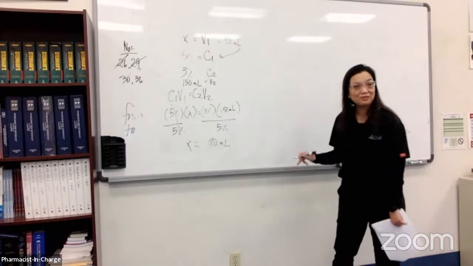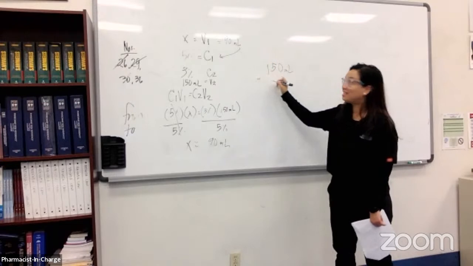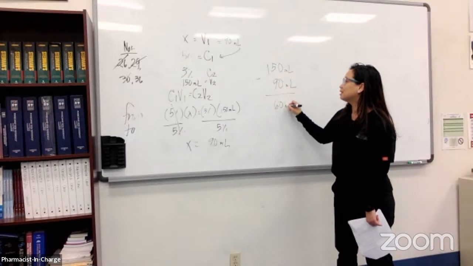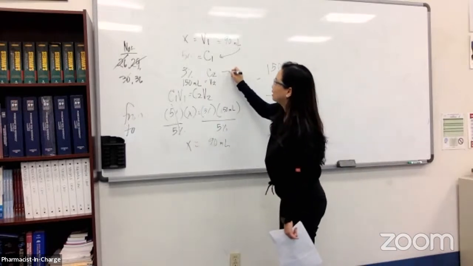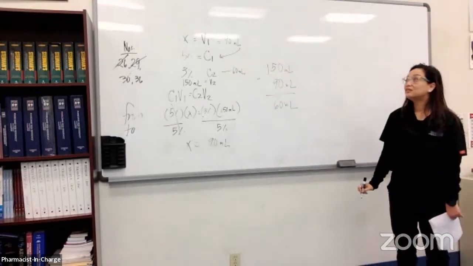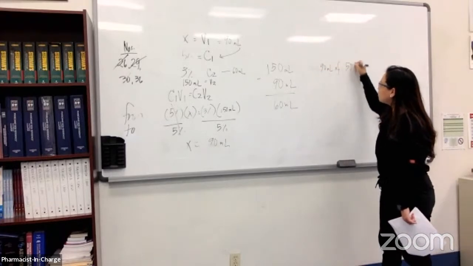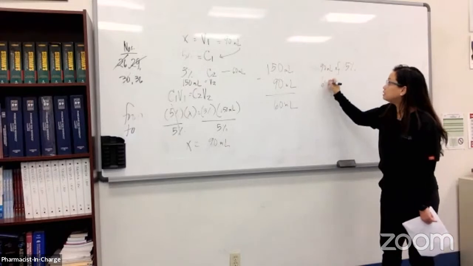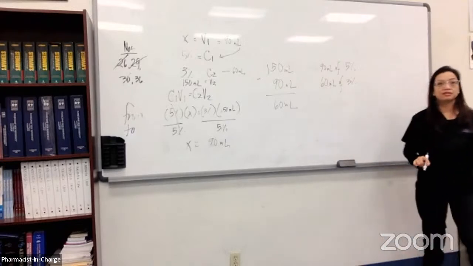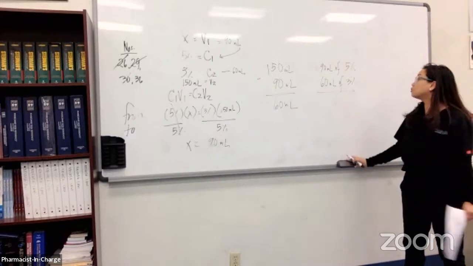You got a total volume, right? So what do I do? 150 ml minus 90 ml equals 60, which means I need 90 ml of the 5% and I need 60 ml of water.